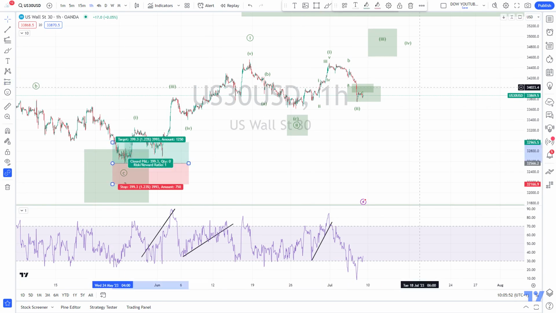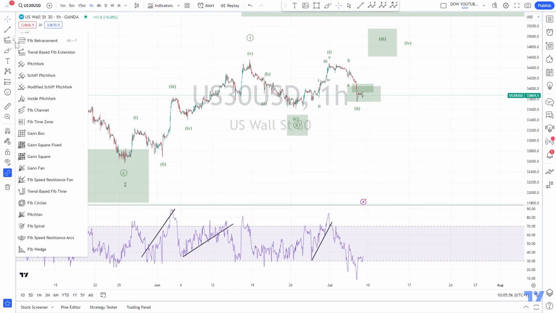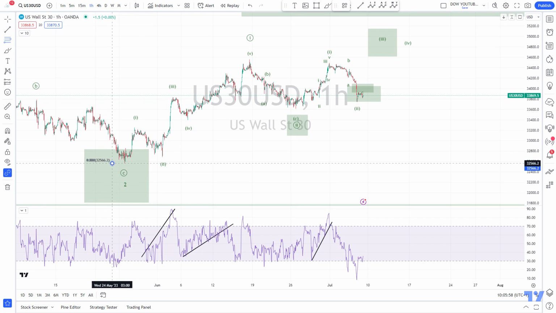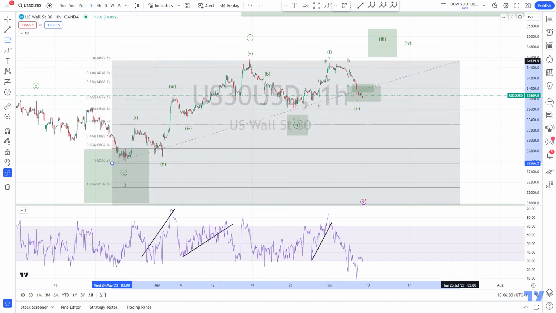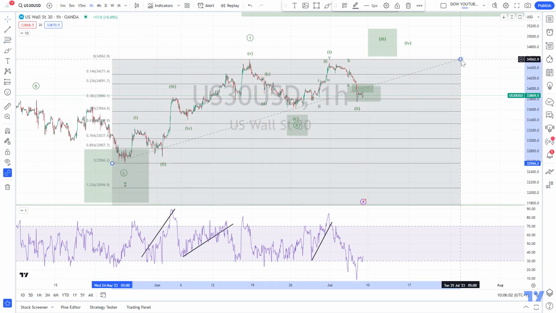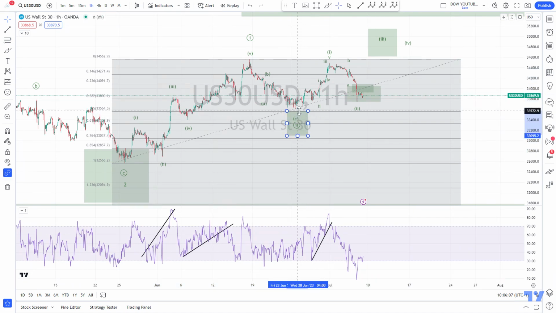If we take the length, sorry, wrong tool. If we take the length of wave 1, then a wave 2 typically goes into the area between the 0.5 and 0.854 Fib retracement.